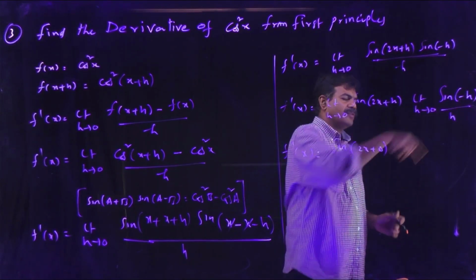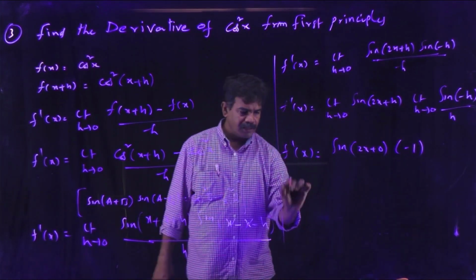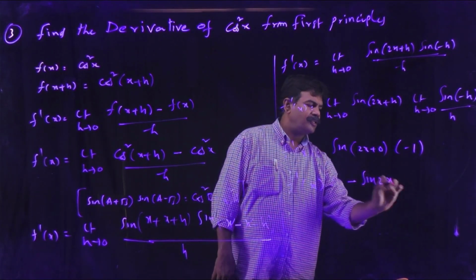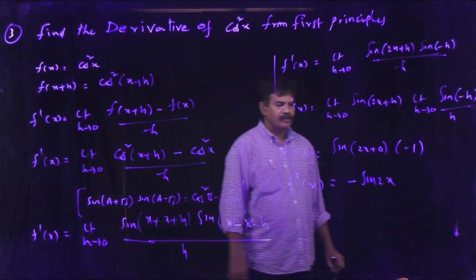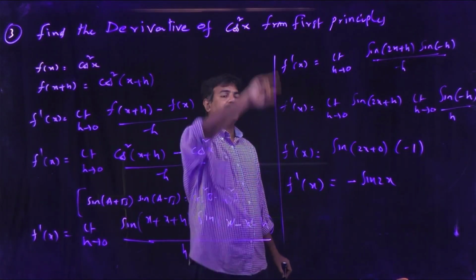Here a is equal to minus 1, that is minus 1. F dash x is equal to minus sin 2x. So minus sin 2x is the derivative of the function cos square x.